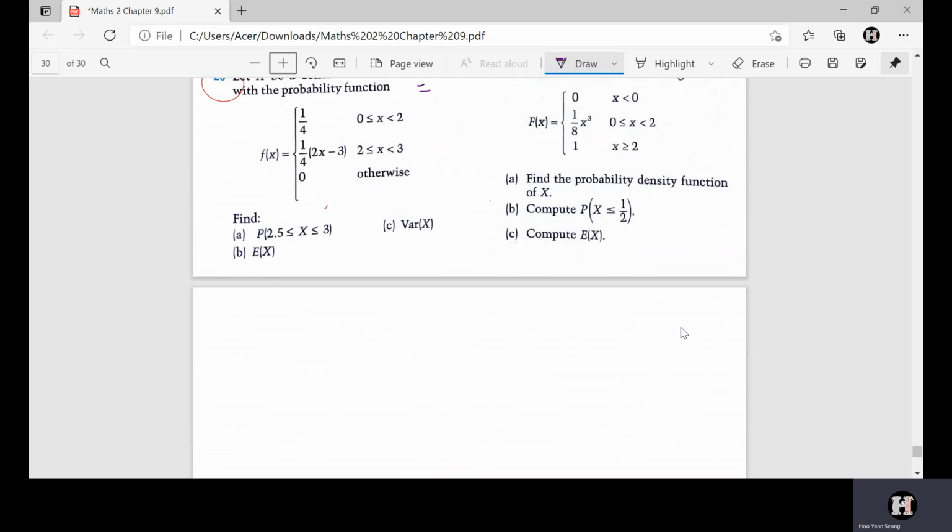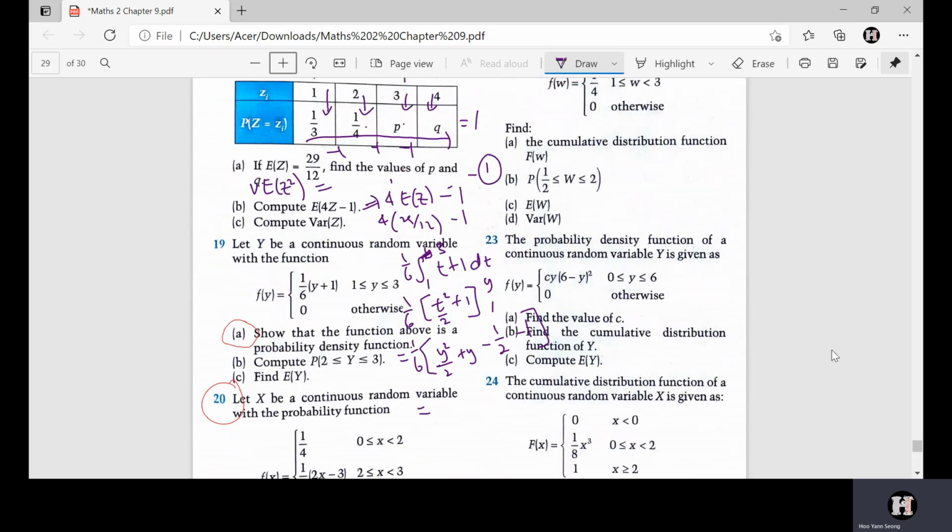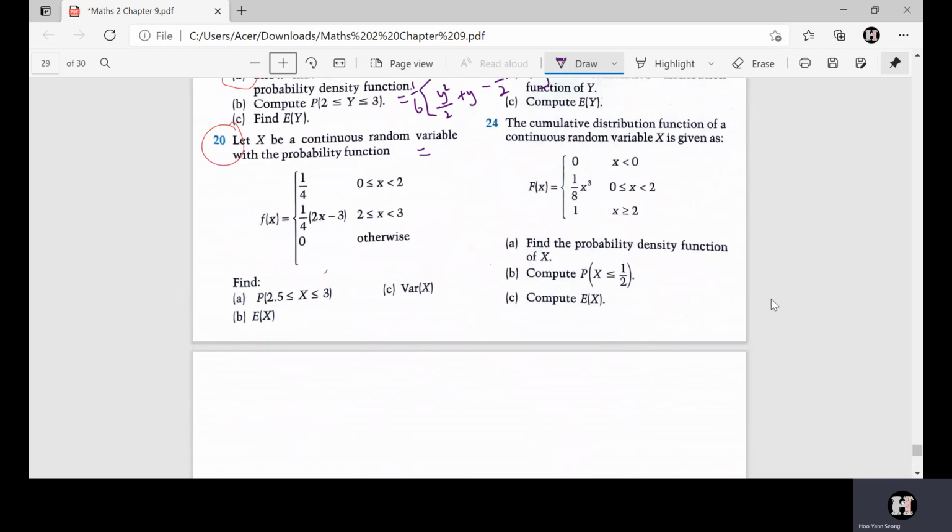This one I took from here, the cumulative distribution FW, because in your book, the majority of examples only show one function, and the second one is always otherwise. This one has two functions here, then the third is otherwise.